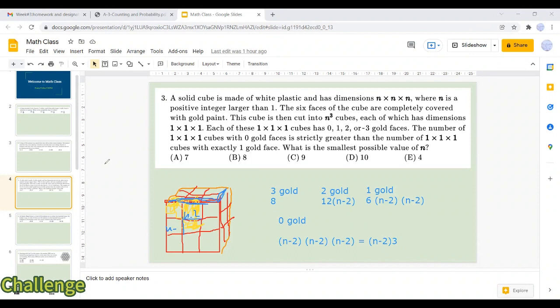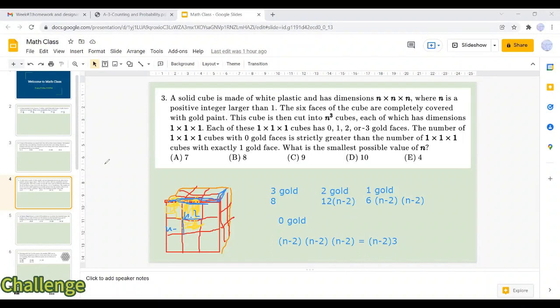So now we can just factor out n minus 2 squared from both sides. So it would just be n minus 2 is greater than 6. And now we can just solve for n easily.